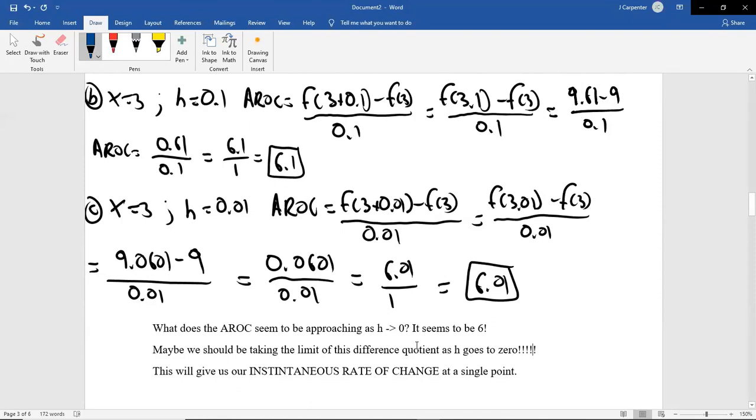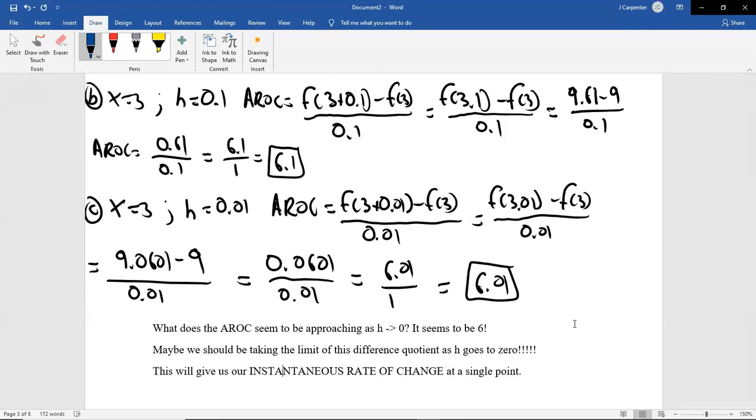Now, what this gives us is our instantaneous rate of change that I did not spell correctly. It's instant with an A, capital A. So this will give us what we'll call an instantaneous rate of change at a single point.